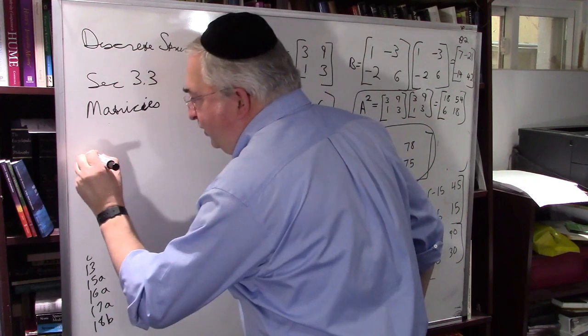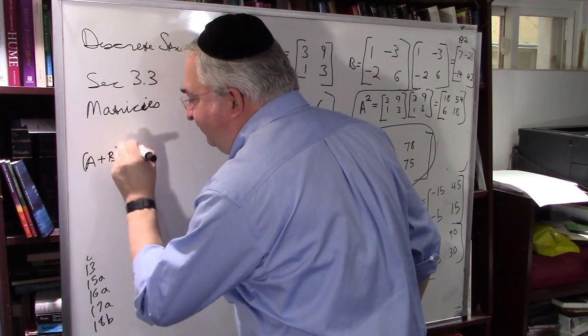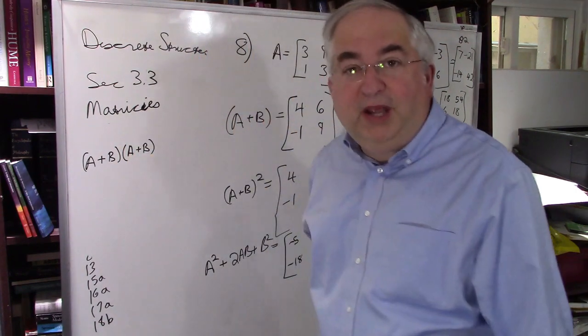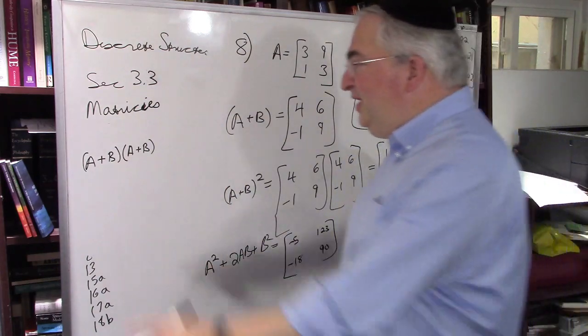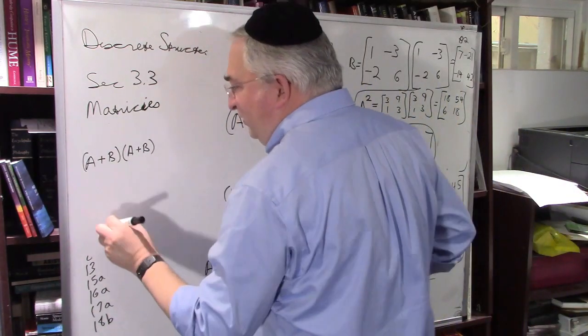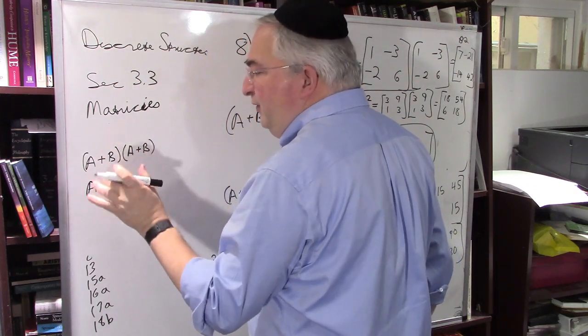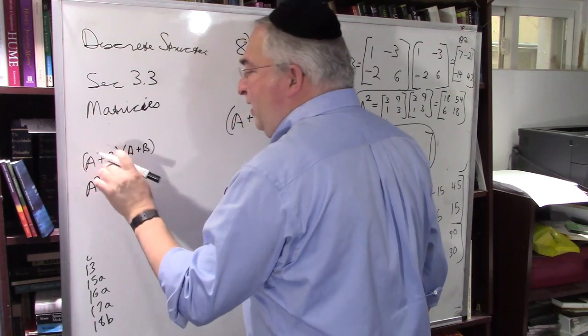When you were in 3rd grade, 4th grade, you learned about FOIL. Well, FOIL doesn't only work with multiplication, it also works with matrices. So when you multiply this, you get what? A times A. First, outer, inner, last. First, A squared.